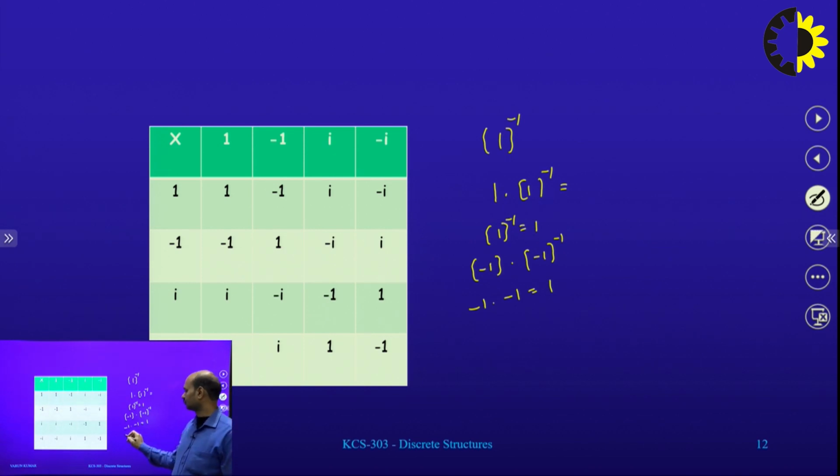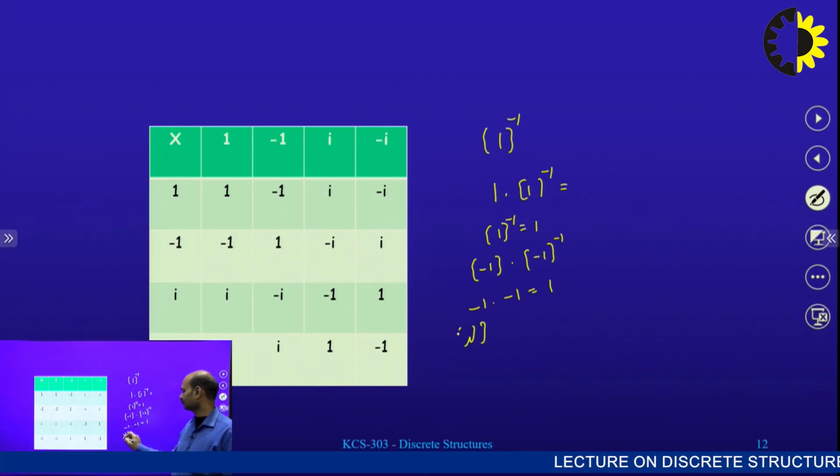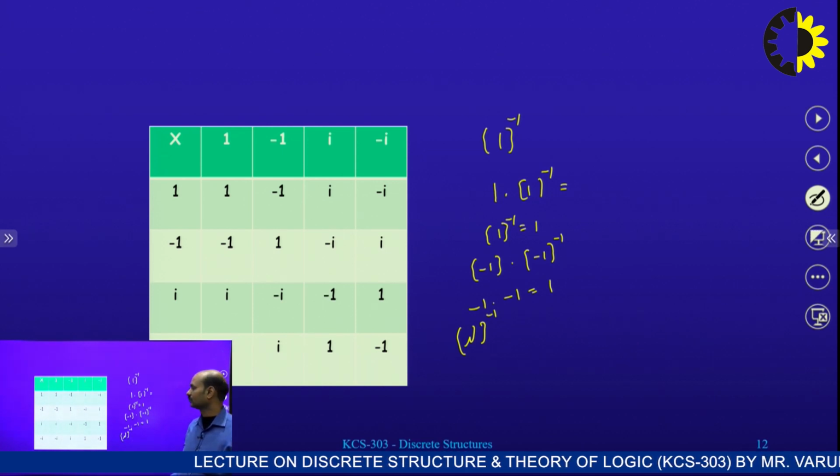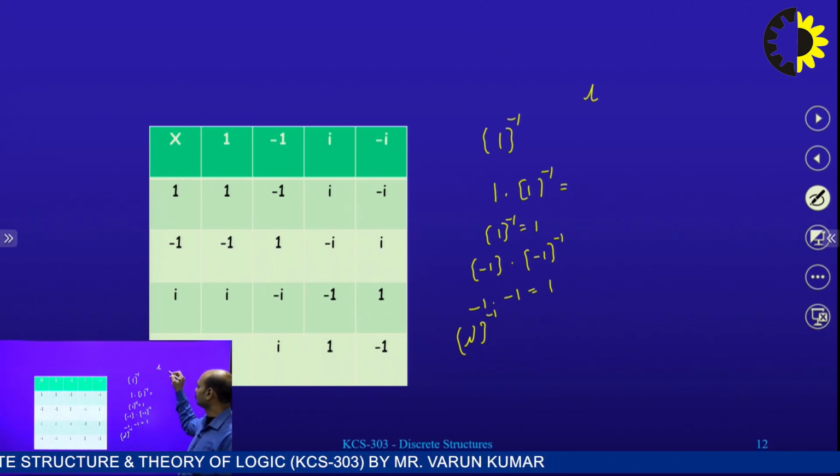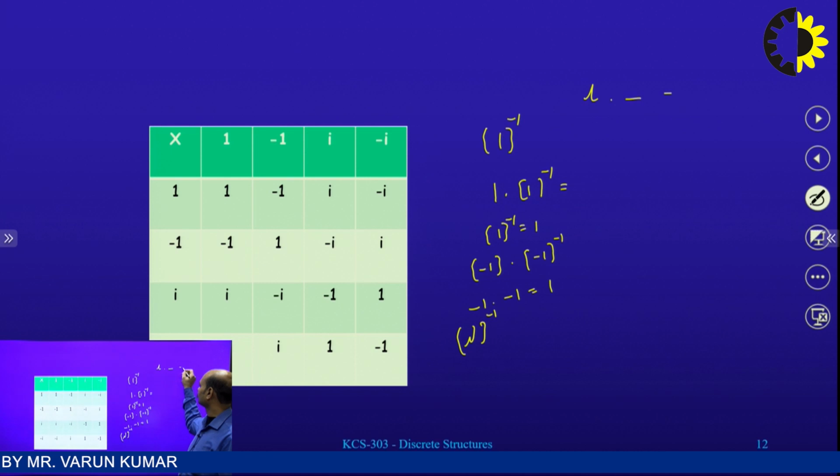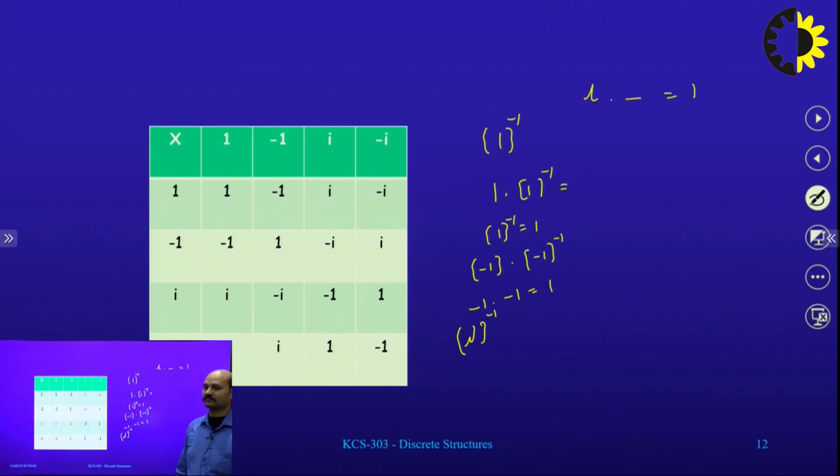What about i inverse? What do we have to multiply with i such that the result comes 1? That is i dot minus i, that becomes minus i square, which is minus minus 1, so minus minus plus, it is equivalent to 1.